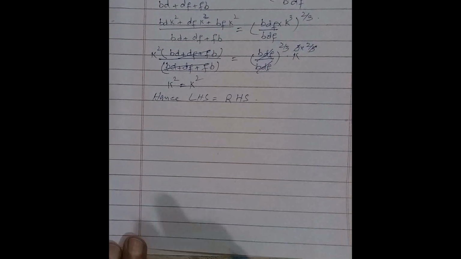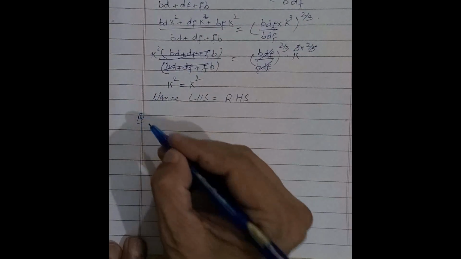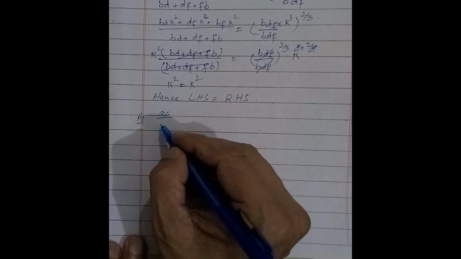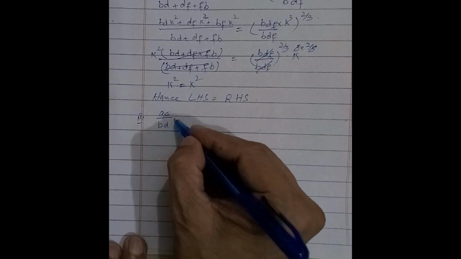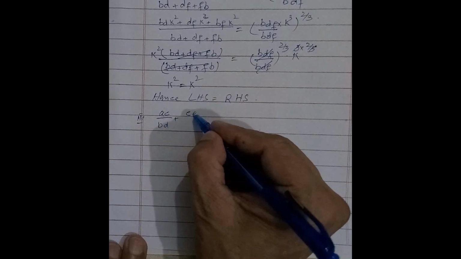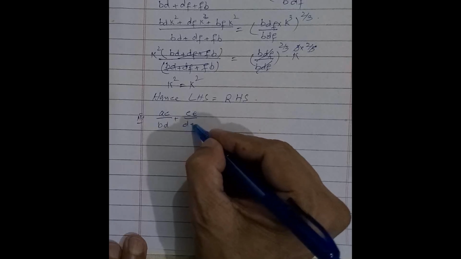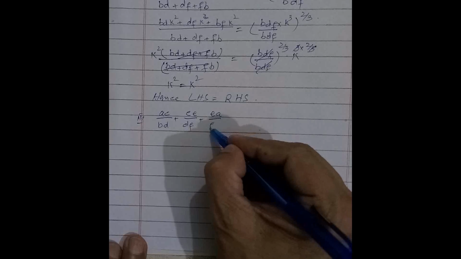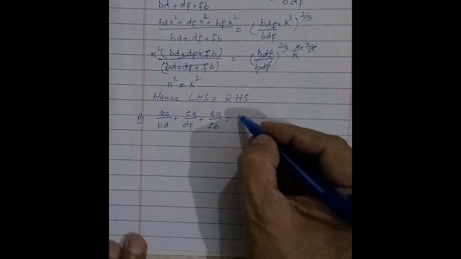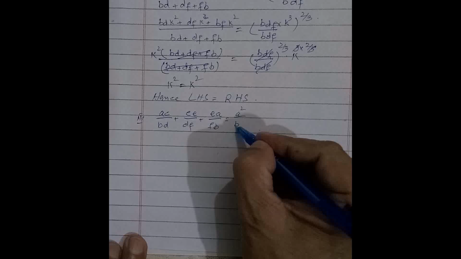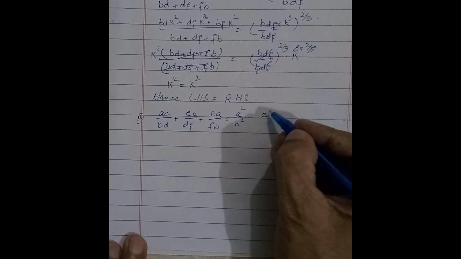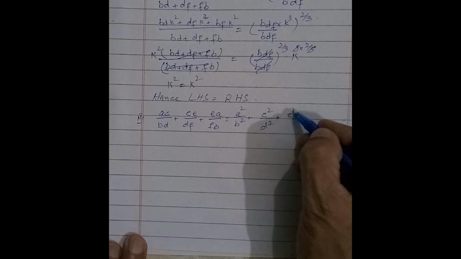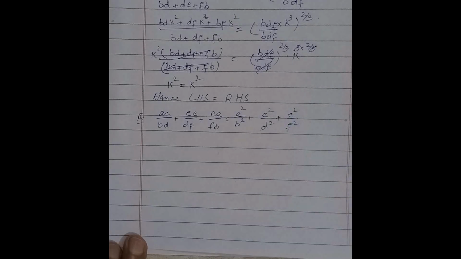And next, the third part, which is AC over BD plus CE over DF plus EA over FB is equal to A squared over B squared plus C squared over D squared plus E squared over F squared.